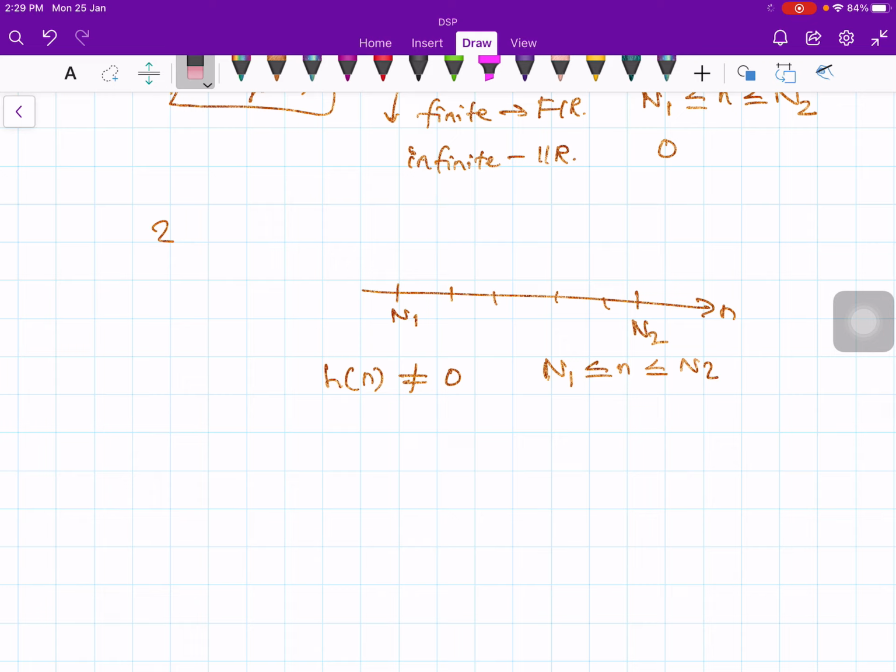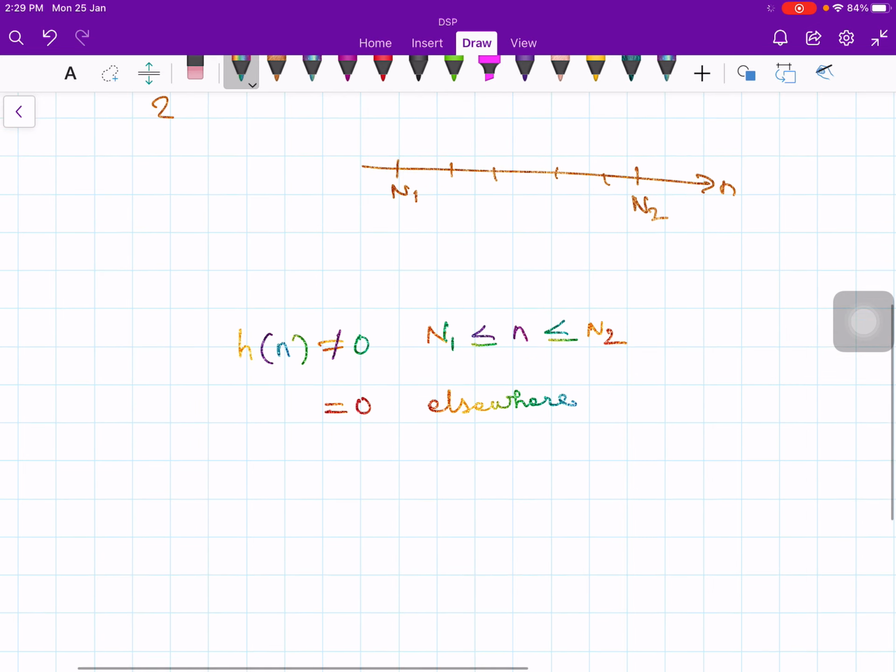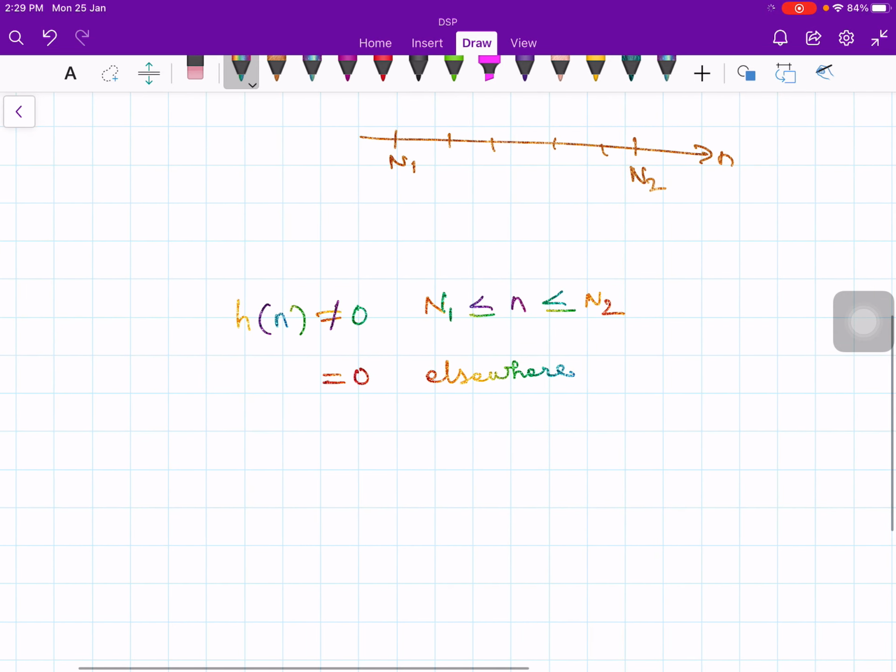Maybe I'll write down neatly. H of n is not equal to 0 for capital N1 less than or equal to small n less than or equal to N2 and is equal to 0 elsewhere. Okay, such a system is called a FIR system.